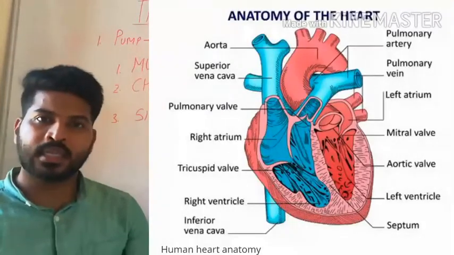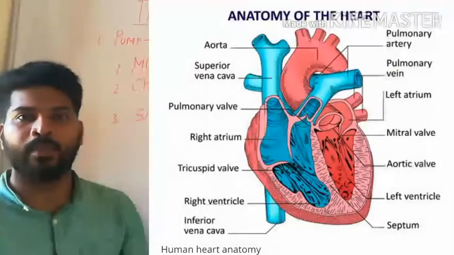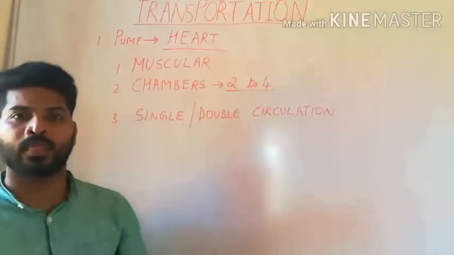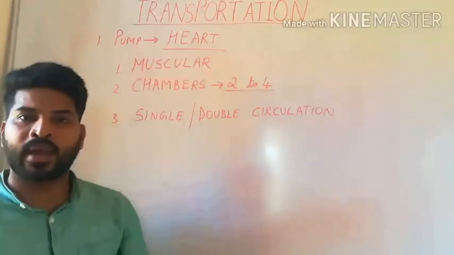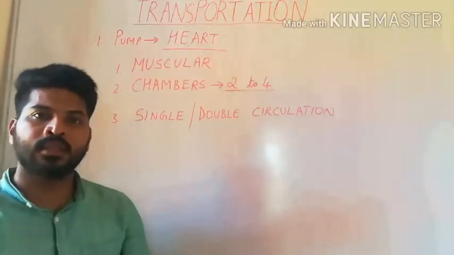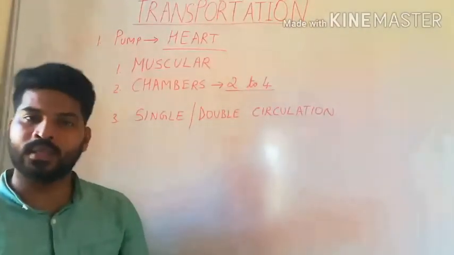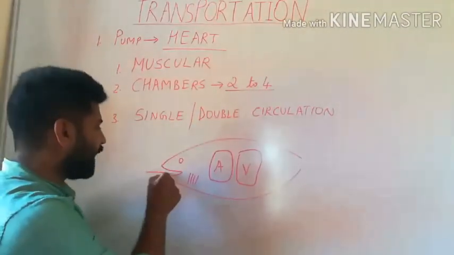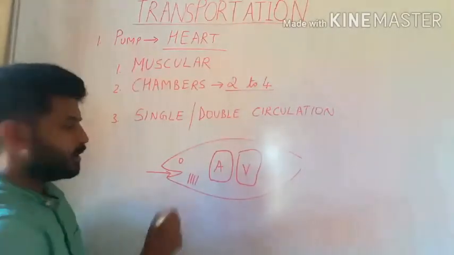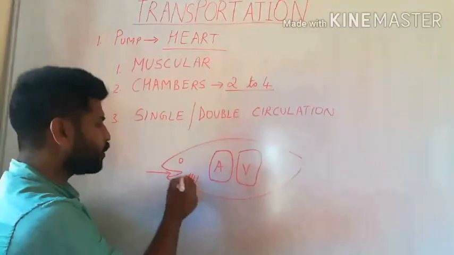Let us see how exactly circulation of blood is done by the human heart. In human beings, we find a closed circulatory system, meaning the blood is transported inside the blood vessels. When the fish takes in water, its gills are supplied with blood vessels, as you already know.